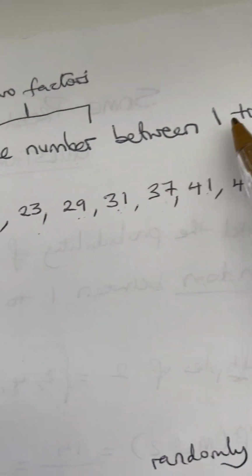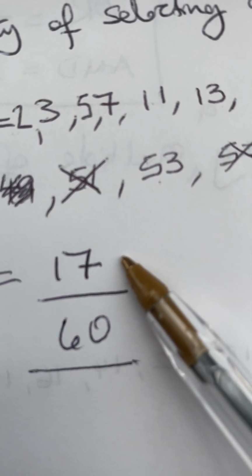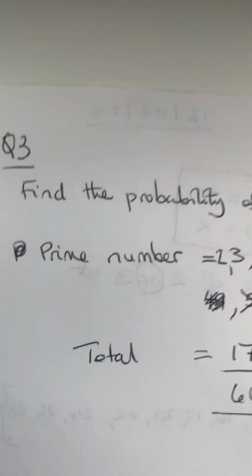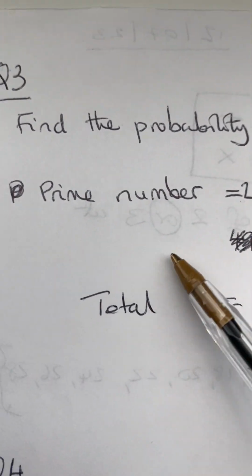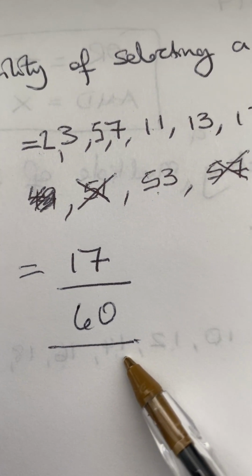So between 1 and 60, we have 17 prime numbers out of a total of 60. So the probability of selecting a prime number is 17 out of 60.